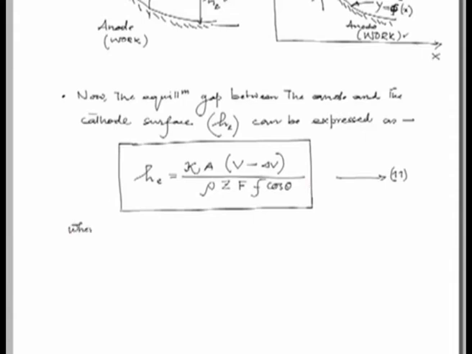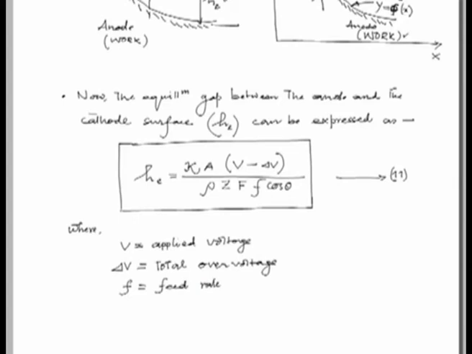Where, as I have already explained, V is the applied voltage, del V is the over voltage, F is the feed rate, and theta is the inclination of the feed direction to the surface normal.